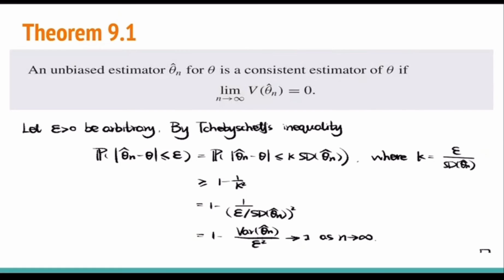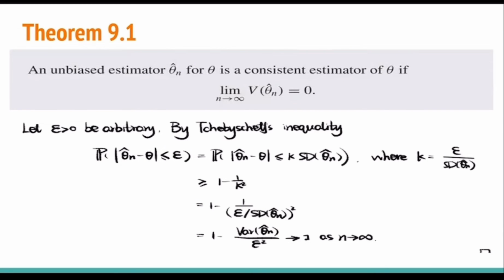In my last class, I told you that the idea of the Chebyshev inequality is used in consistency, because if the variance converges to 0, that implies our estimator will converge to the population parameter within a certain threshold.